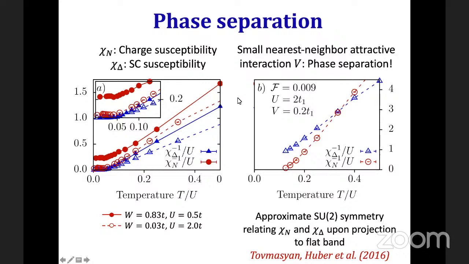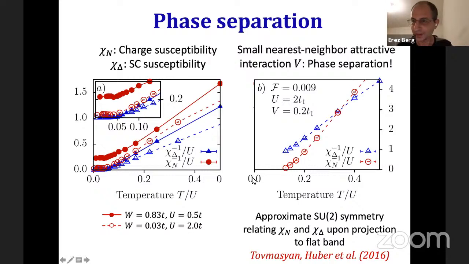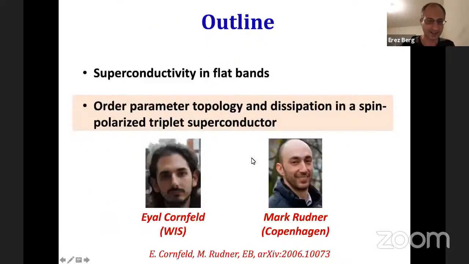All right, now I'd like to go on. I'd like to talk about order parameter topology and dissipation in a spin triplet, spin polarized superconductor. This is work done with my postdoc Eyal Kornfeld at Weizmann and with my partner in Copenhagen.